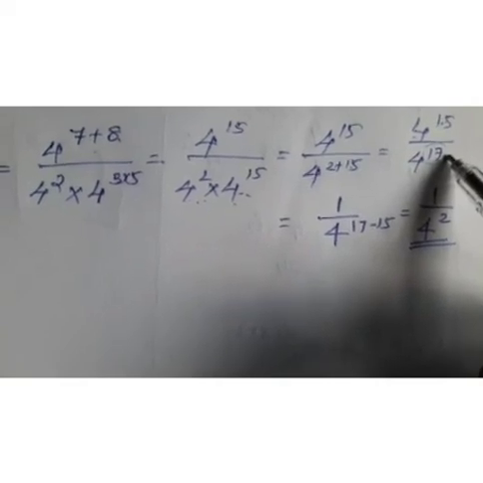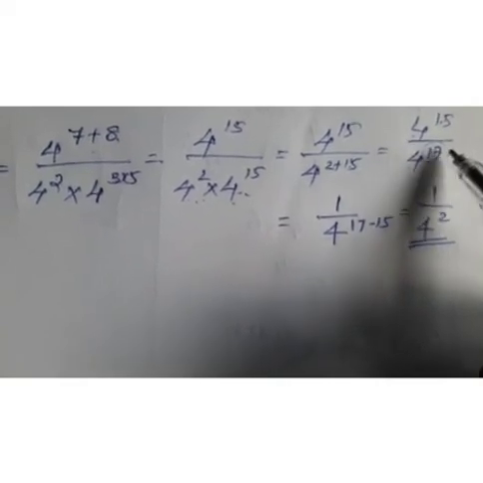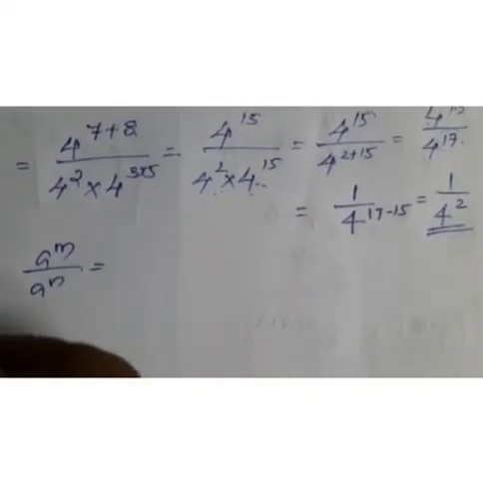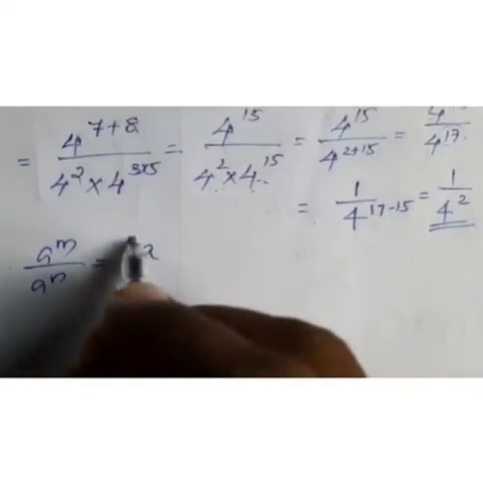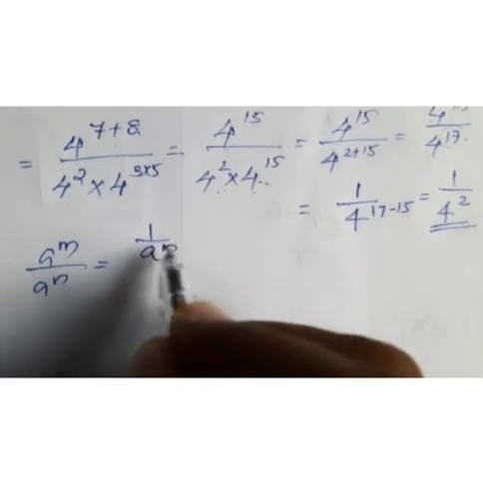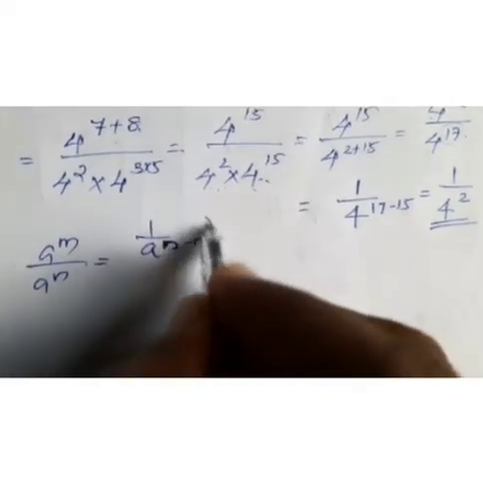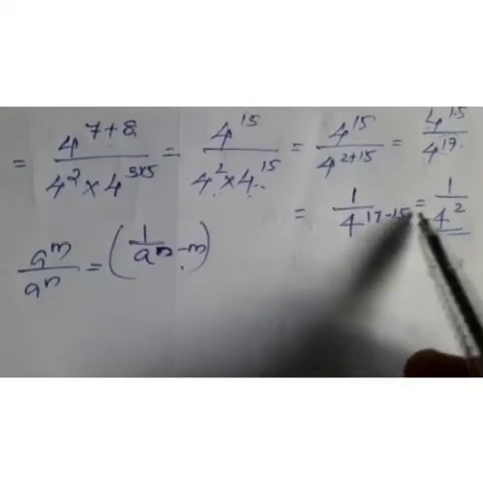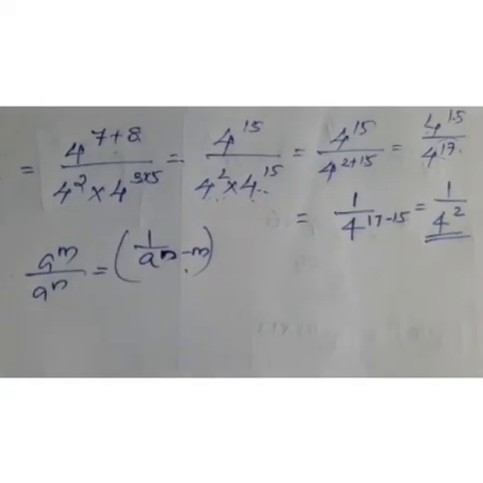So the other form of division you have to use it. a raised to m by a raised to n is equal to, if n is greater than m, 1 by a raised to n minus m. So 1 by 4 raised to 17 minus 15 is 1 by 4 square.